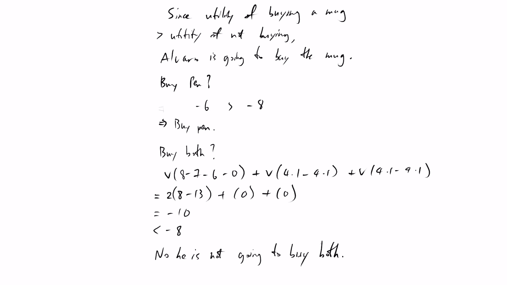But if you ask him whether he wants to buy both, then he's not going to do so, because although he can avoid the sense of loss in mugs and pens by buying both, he's going to feel a sense of loss because he needs to pay more than what he gets from the experiment. So he's out of his pocket, he doesn't expect that, so he feels a sense of loss, and he's unwilling to do that. Right?